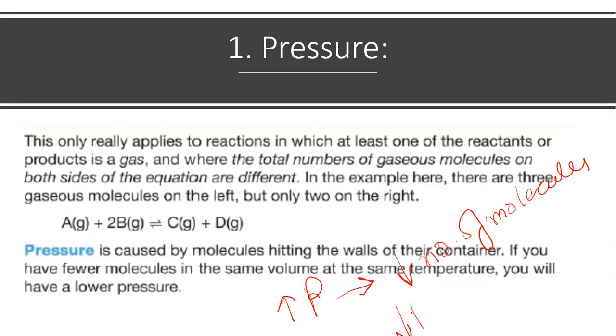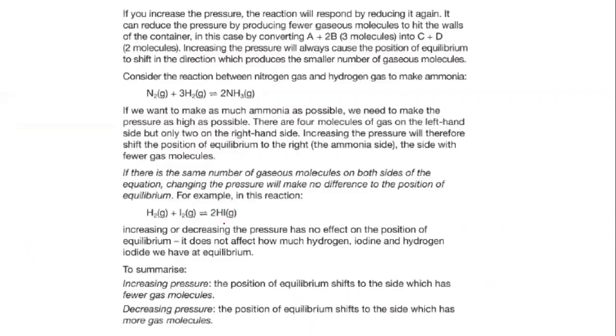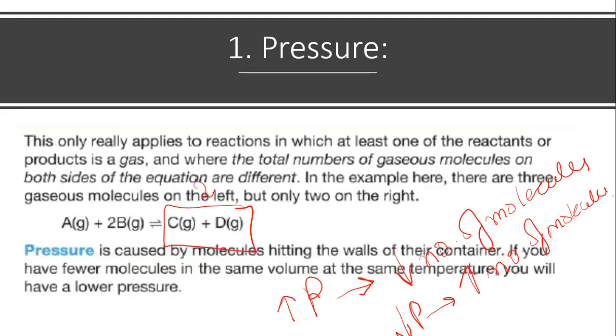If we decrease the pressure, the reaction shifts to the side that has a greater number of molecules. For example, on the right side, I have 2 molecules, 1 plus 1 is 2. On the left side, 2 plus 1 is giving me 3.